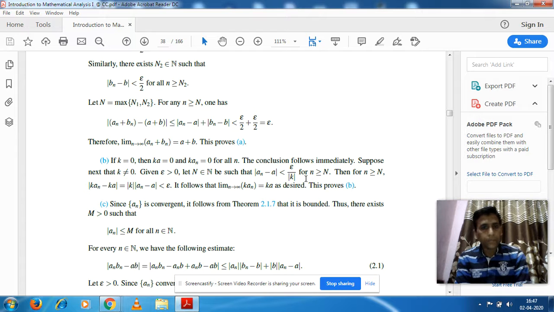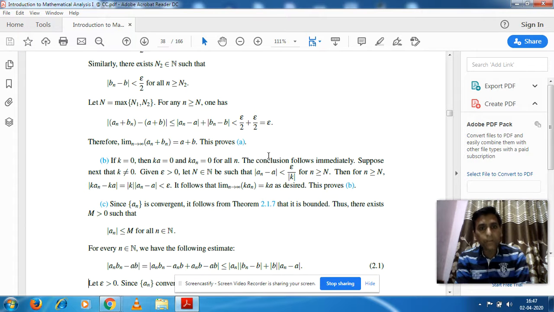This is valid. Now I have to prove for this equation: k times an minus k times a is written as, taking k as common, k times an minus a. But because of this equation, mod of an minus a is less than epsilon upon mod of k. Why have I taken mod k here? Because I know that mod k is a positive number.